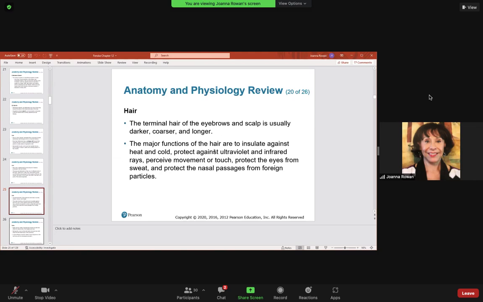The major functions of the hair. So this is important. Almost every single structure has some type of functionality that, whenever it is missing, can cause some type of problem. The major functions of the hair are to insulate against heat and cold, and also protect against ultraviolet and infrared rays. It perceives movement or touch, and protects the eyes from sweat. That is the eyebrows.